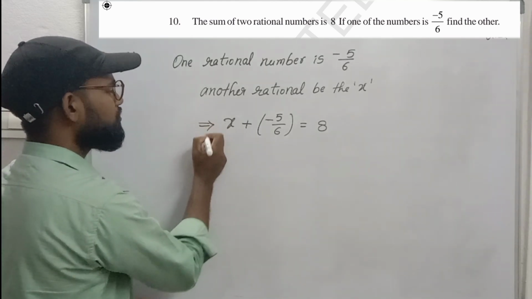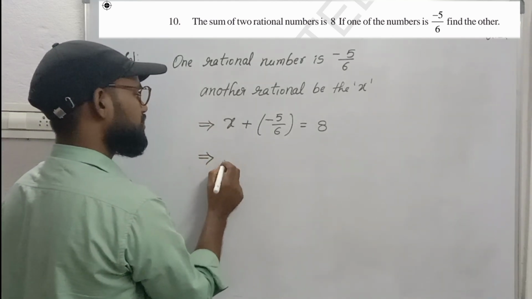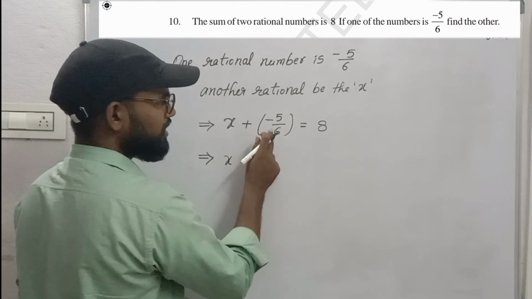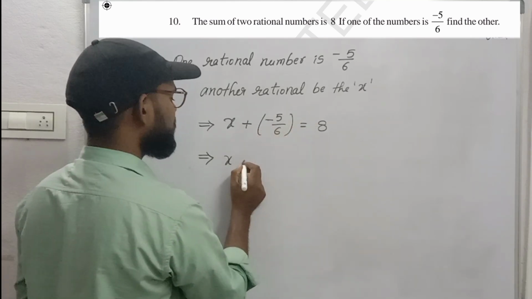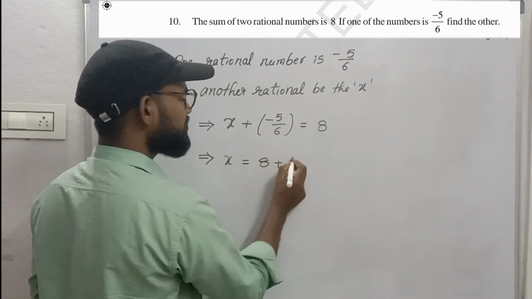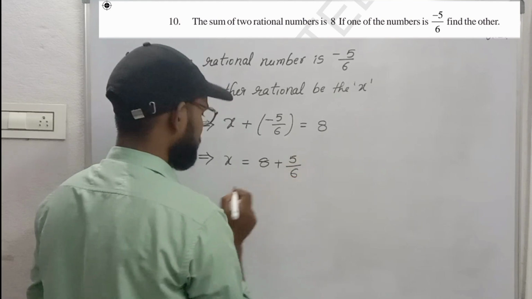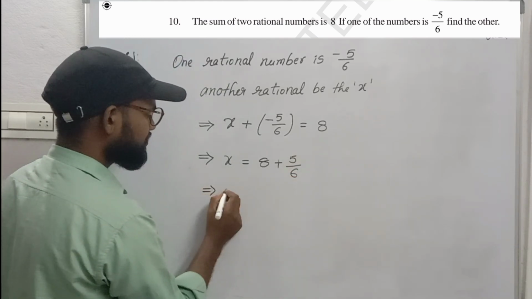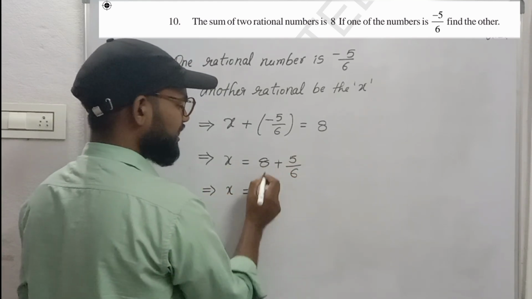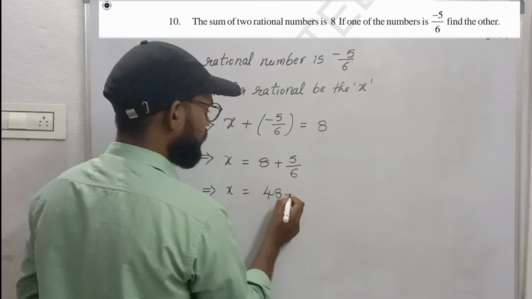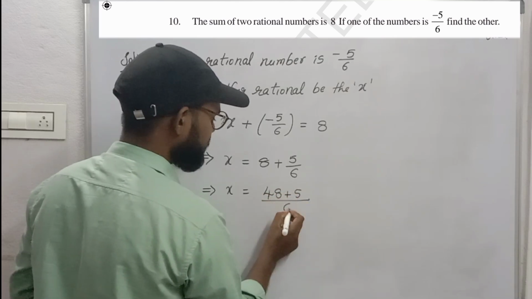So if we solve this, we get the unknown number. x equals, sending this minus 5 by 6 to that side, it becomes 8 plus 5 by 6, right? So now x equals 6 8s are 48, 48 plus 5 by 6.